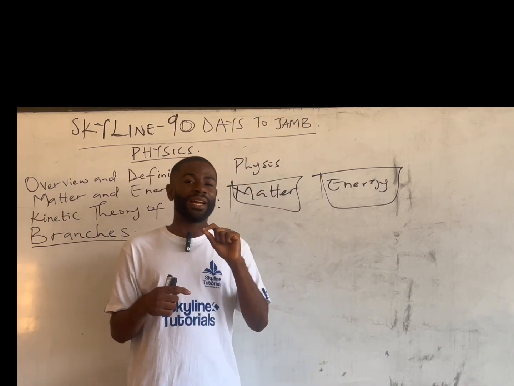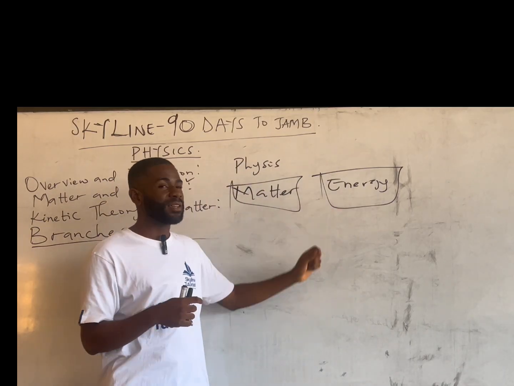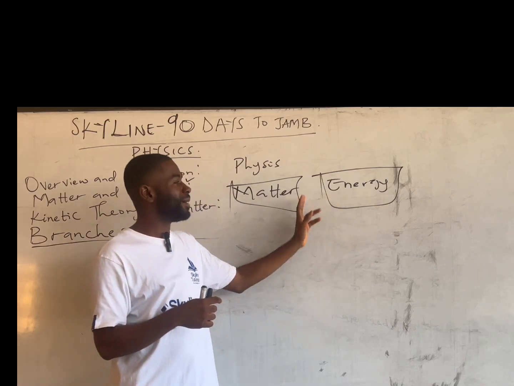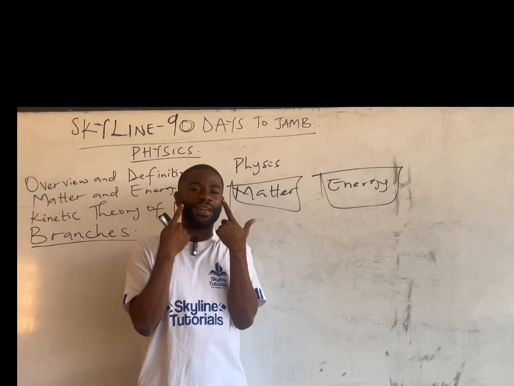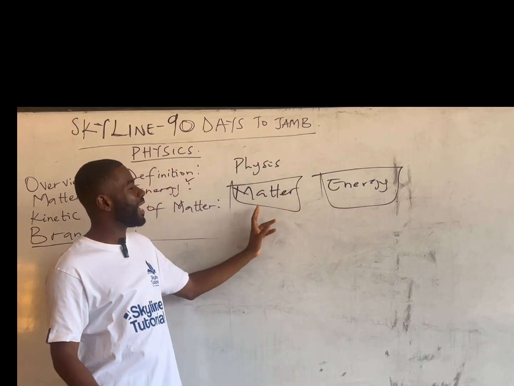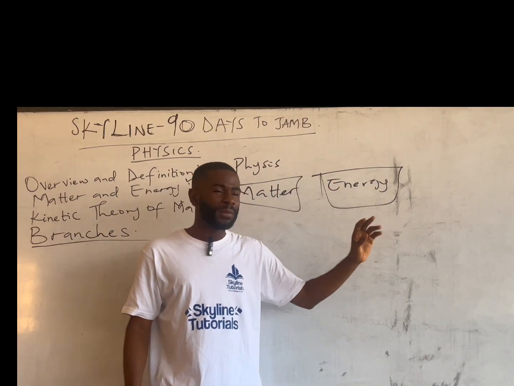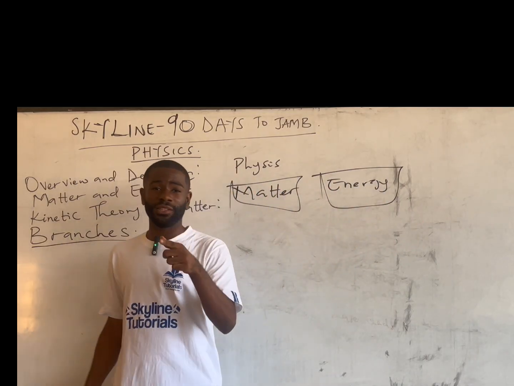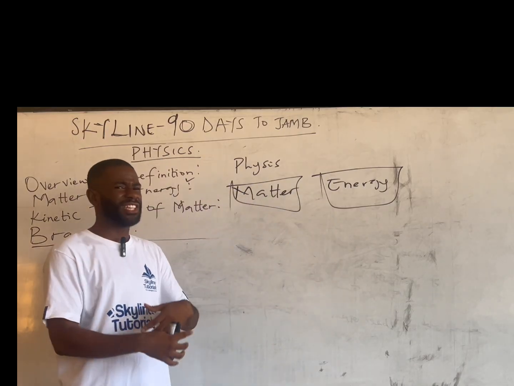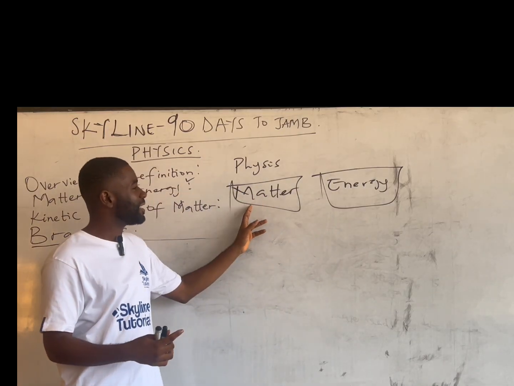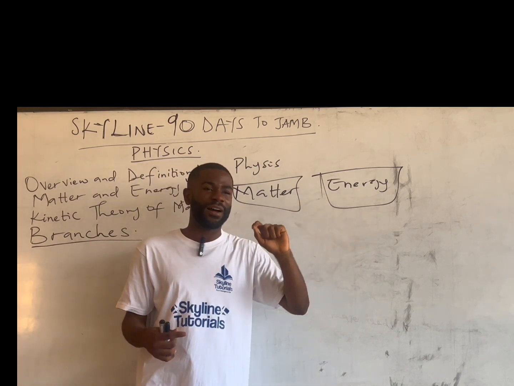So you get to realize that energy is more like an antimatter. It does not have mass and it does not occupy space. Come to think of it, if you can think of anything right now, it will fall under either of these. So by deductive reasoning we can say that physics studies the universe, because the universe comprises things that have mass and things that do not have mass.